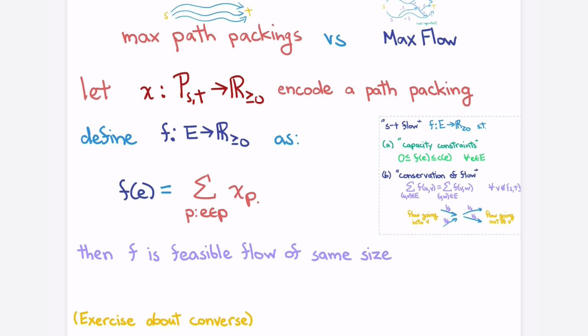So the amount of flow it's contributing to both sides is always the same. So you automatically get conservation of flow. The result then is that every time you have a feasible path packing, you can convert it to a feasible ST flow of the same size. So the max path packing is always less than or equal to the max flow.